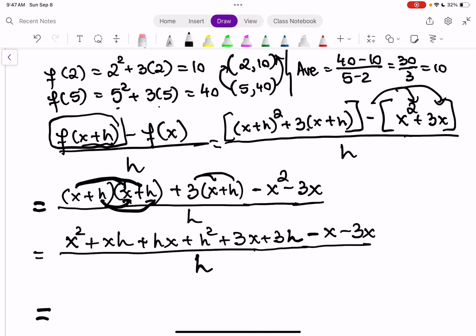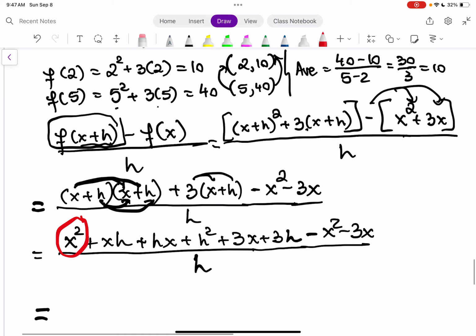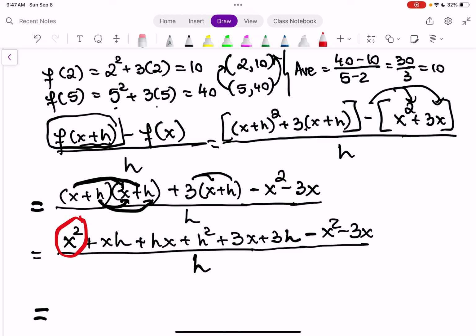So let's see if we have any like terms to combine. I know this has gotten a little massive, but it's not a big deal. So when I look at like terms, I see an x squared minus an x squared. And when you subtract a number from itself, that's just going to be a 0. The same thing here. I see a positive 3x and a negative 3x.